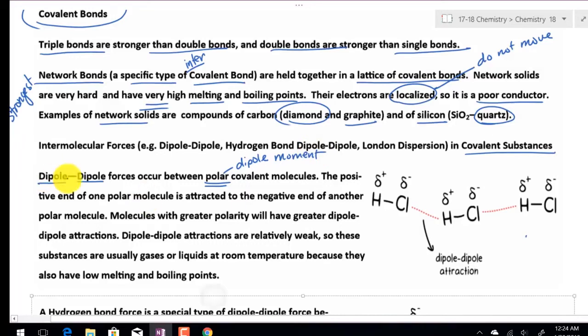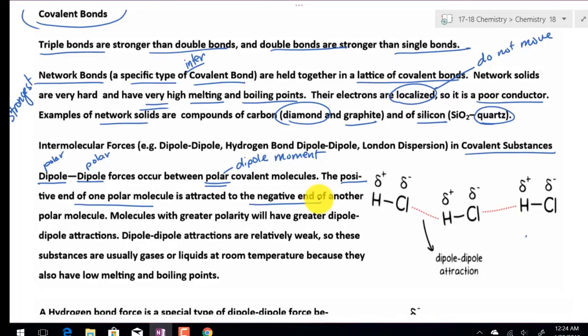It was dipole-dipole. We're talking about polar molecules attracting each other. Basically, how it works is that the positive end of one polar molecule is attracted to the negative end of another molecule, because opposite charges attract, and they just orient automatically from positive to negative.